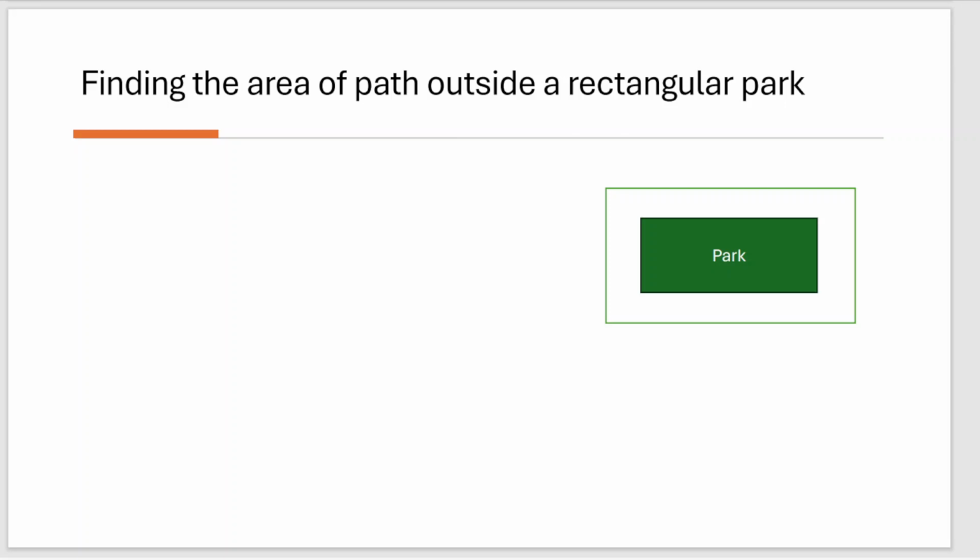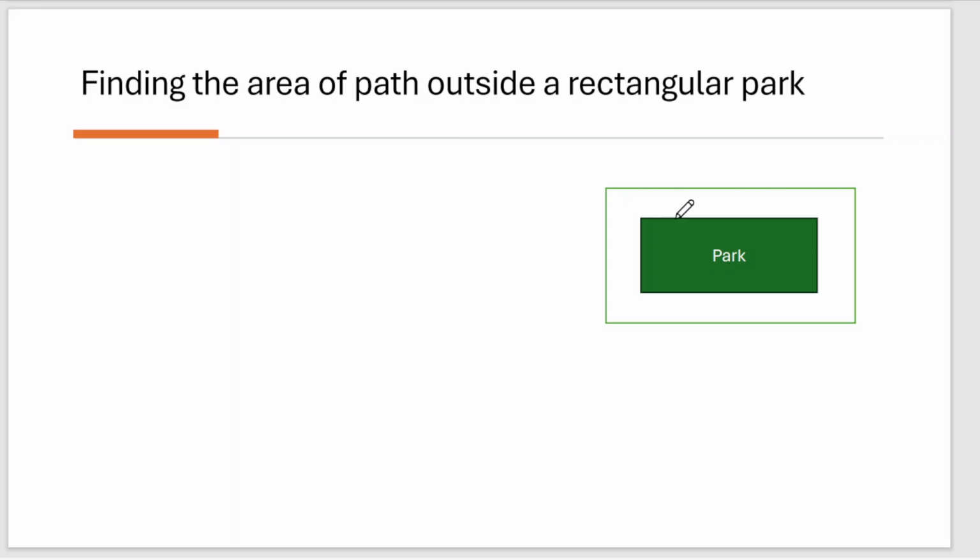But now we will be discussing the area of a path. I request everyone from here, please have a little more concentration so that you can understand the basic derivation of finding the area of a path. So let us try to solve it step by step.